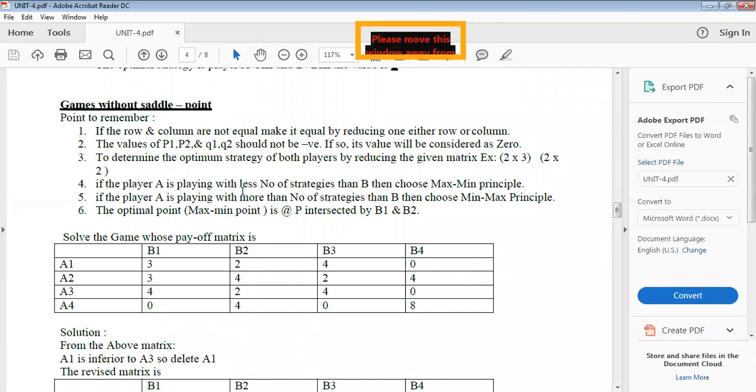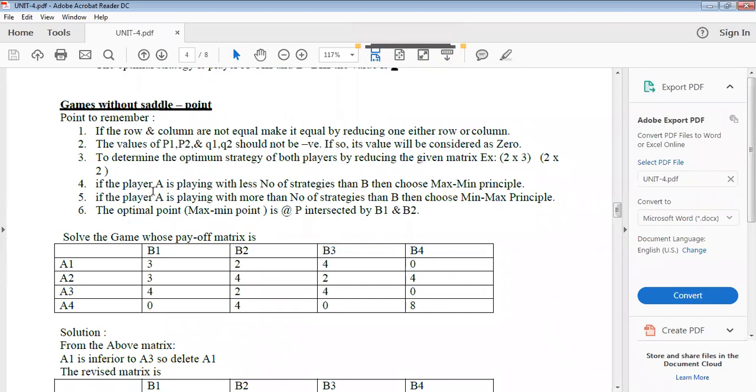Next, if player A is playing with a smaller number of strategies than B, then choose the max mini principle. If the player is playing with more strategies than B, then choose the minimax principle. Sorry, that is max mini, this is minimax. If player A is playing with fewer strategies, then the max mini principle.